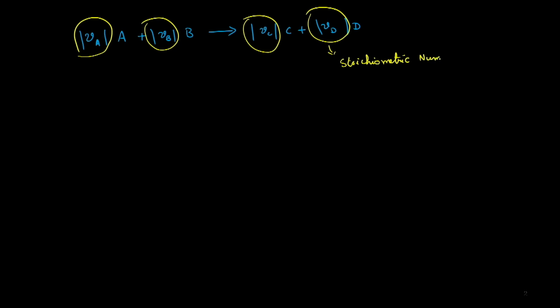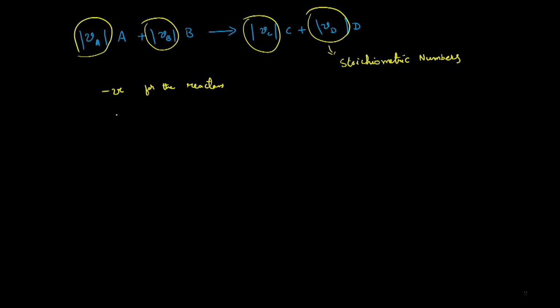Notice that we have used an absolute sign here so that they're always positive in the way a balanced chemical reaction is written, but the stoichiometric number actually is negative for the reactants.